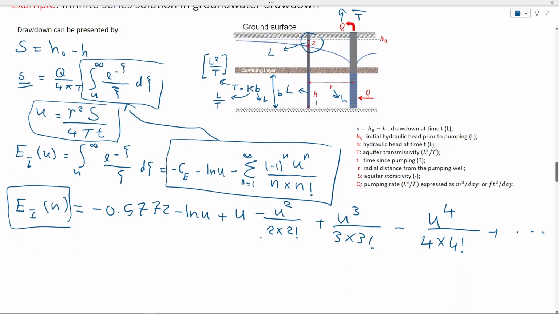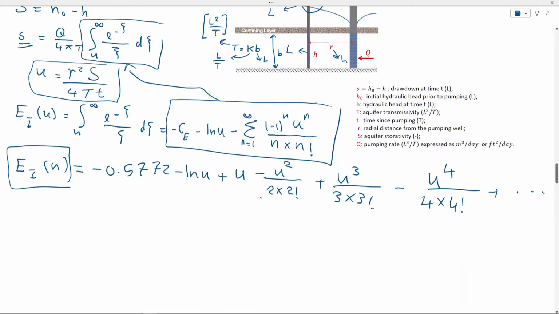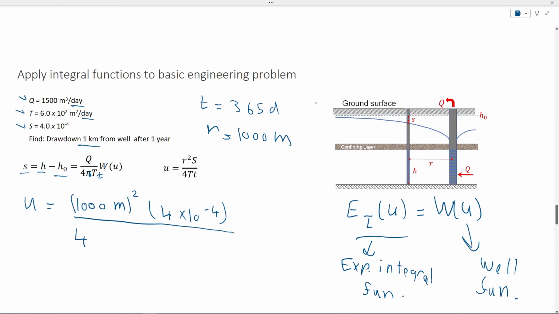Yeah, this is correct, 4t. Here, this is a typo. There is no pi here. This is 4 times transmissivity, which is given by 600 meter cube per day, and we are given 365 days.